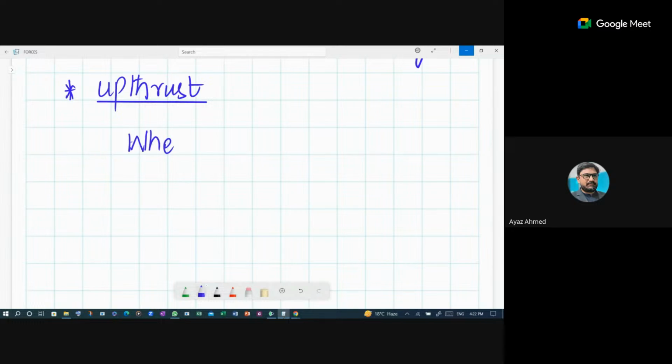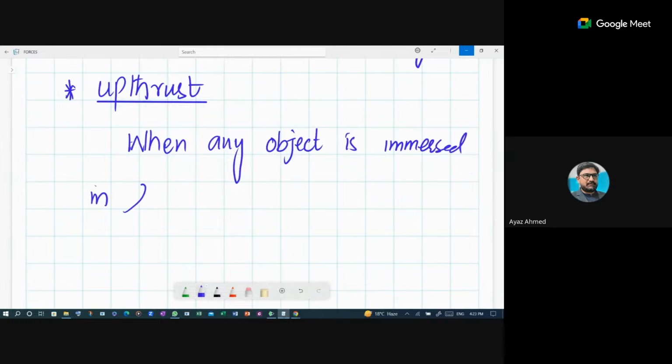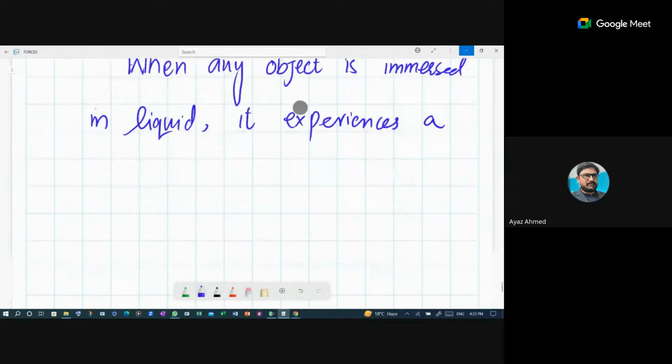When any object or any mass is submerged in the water, immersed in liquid, rather water, then it experiences a buoyant force, a force which tries to keep this body floating.